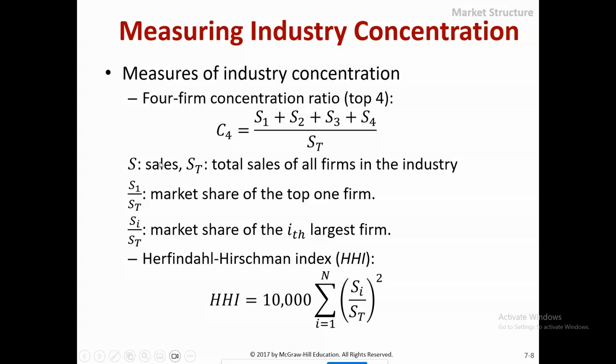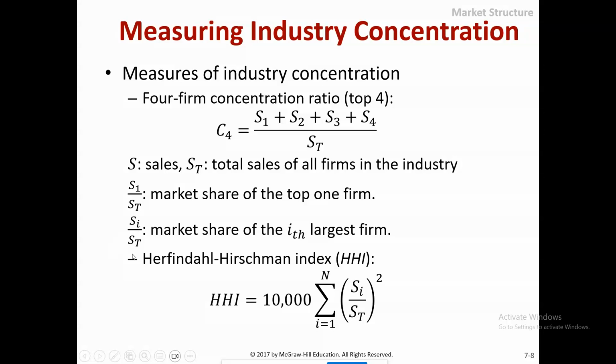Then sales of the top 1 firm over the sales of all firms within the industry is the market share of the top 1 firm. For general expression, the market share for the ith largest firm is the sales of firm i over total sales of the industry.